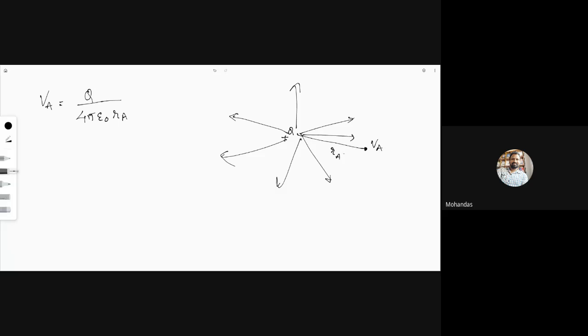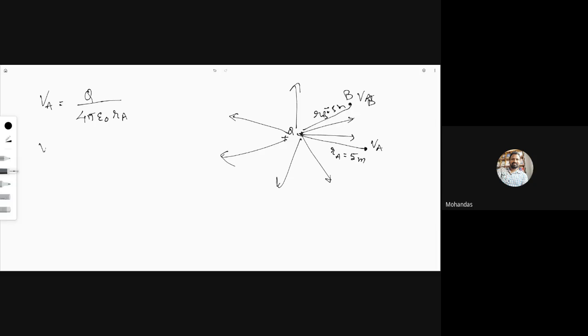Now suppose RA is 5 meters, and the distance between the location of this charge and point B, RB, is also 5 meters. Then what will be the VB here?